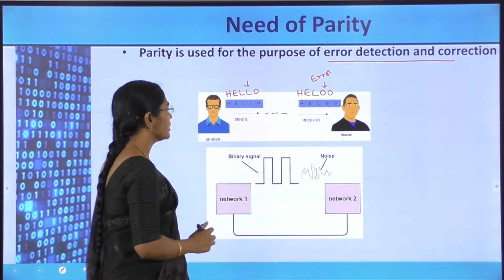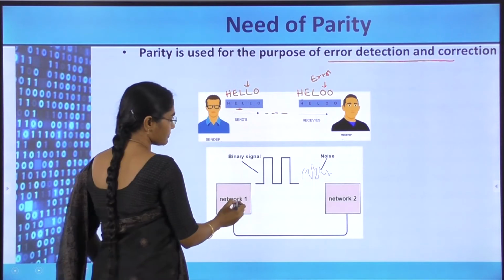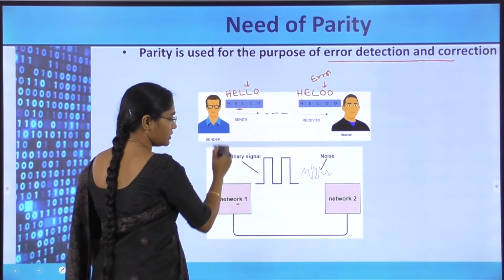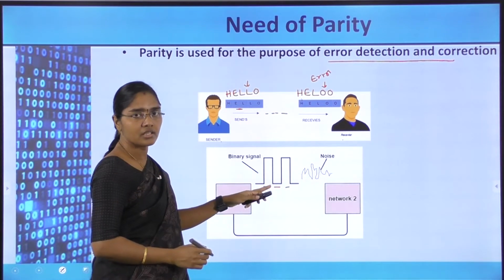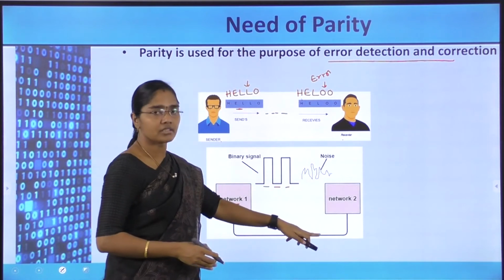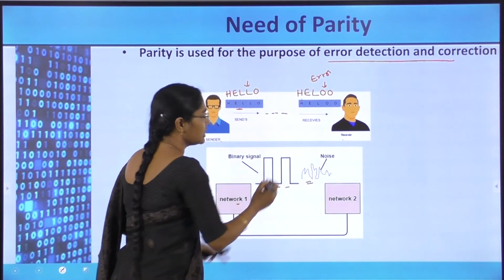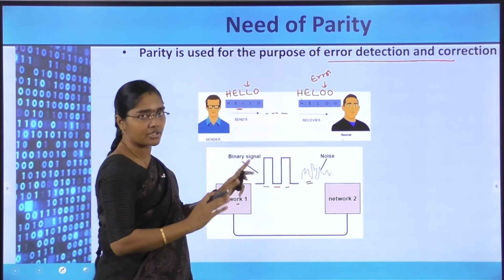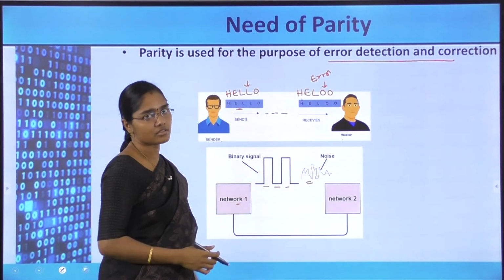Let us see that. This message is sent in terms of binary. So, from network 1, the sender data will be transmitted as this binary signal. But this binary signal is transmitted through the channel. In that channel, because of the noise present in the channel, this signal is going to be affected. This binary signal is going to be changed. Therefore, the error occurs.